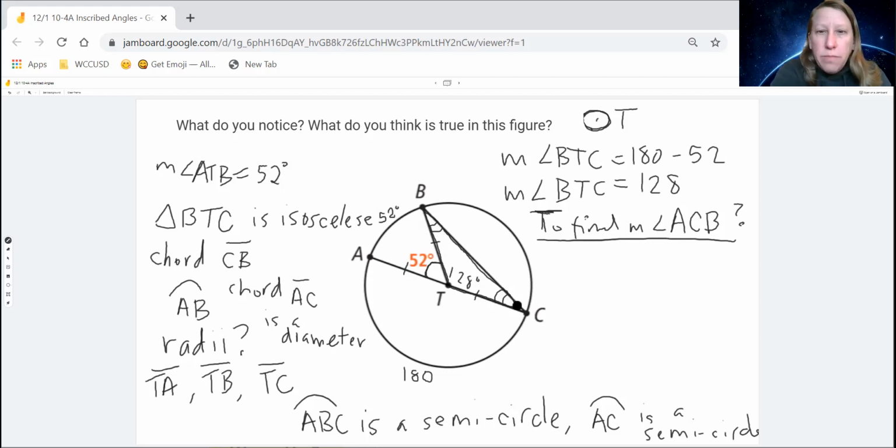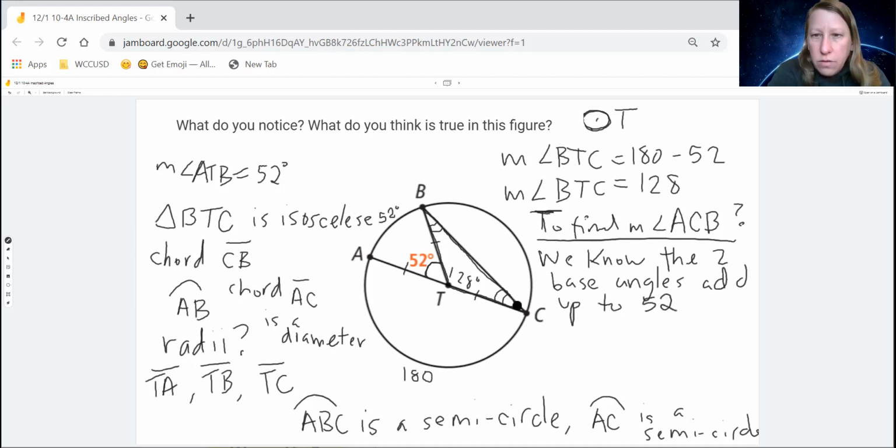So if we're trying to find the measure of ACB, we know, either using the exterior angle theorem or just knowing that they add up to 180, the two, I'm going to call them the base angles, add up to 52. That is the key to doing this problem. We know that these two together add up to 52.